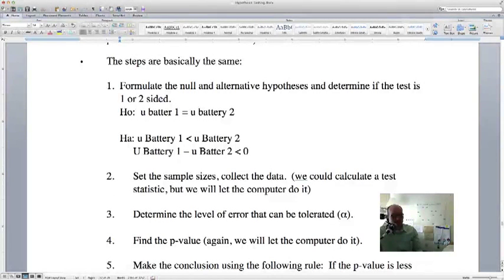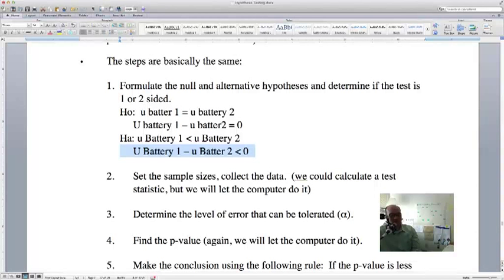Again, that can be rewritten as the mu of battery 1 minus the mu of battery 2 equals 0. All right, so this is what we're going to end up using, because it turns out that this is no different than this idea of the Bizarro World, the difference between two means problems. Right, so you might go back and look at those notes.